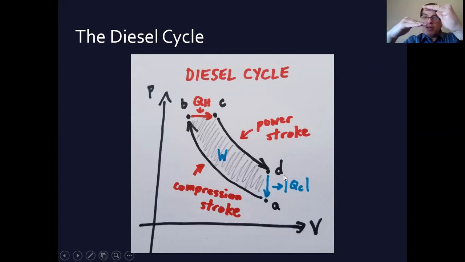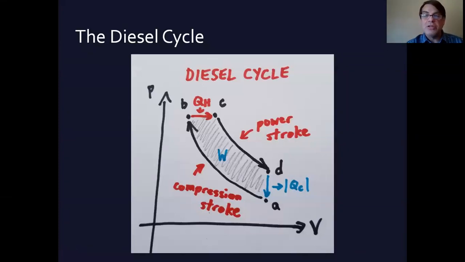So you get a little bit of expansion as it ignites on its own, and then you get the real big expansion of volume with the power stroke, at constant pressure at first, but then the pressure decreases with the power stroke. And then again we have the exhaust of the fumes and the loss of heat, and then it starts all over again, and the area under the curve is the amount of work done.